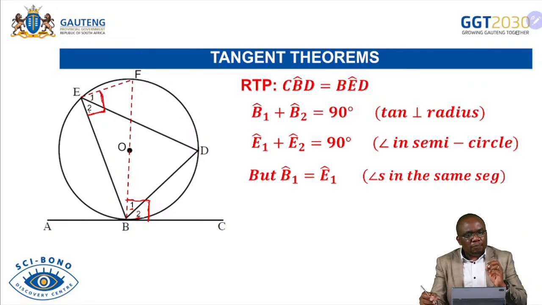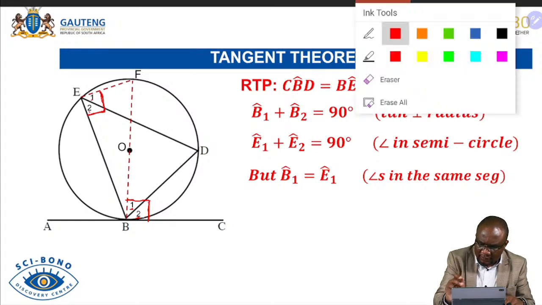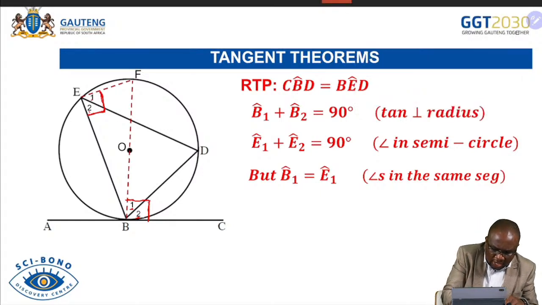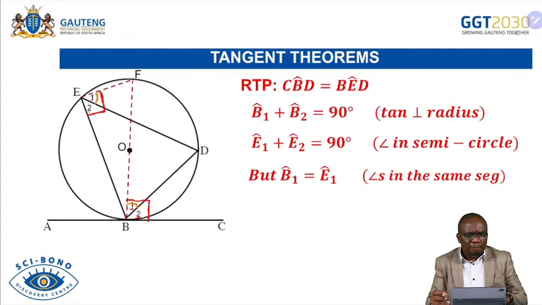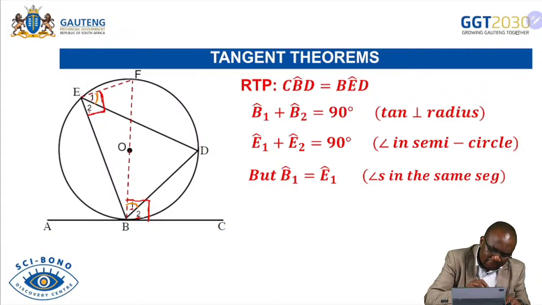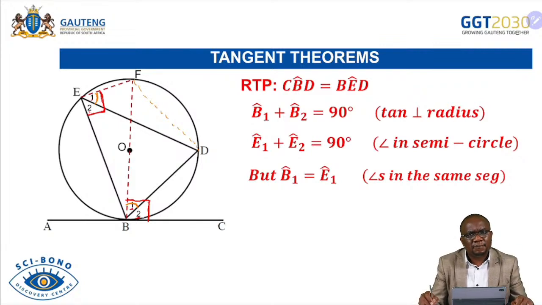Okay, but B1, let me choose another color. B1, this one, is equal to this one. Why? Because they are subtended by the same arc. They are subtended by the same chord. They are angles in the same segment.